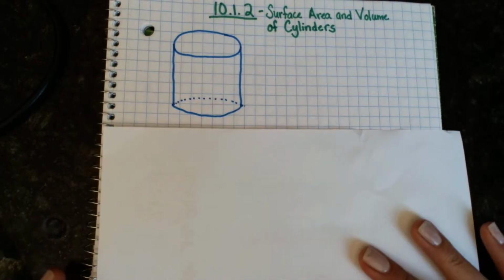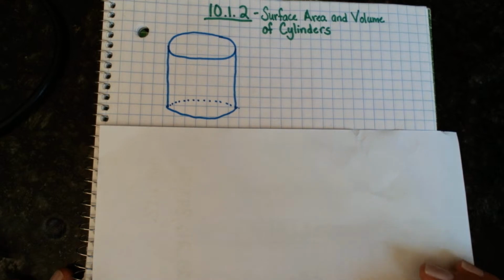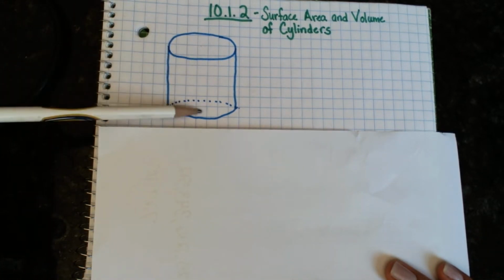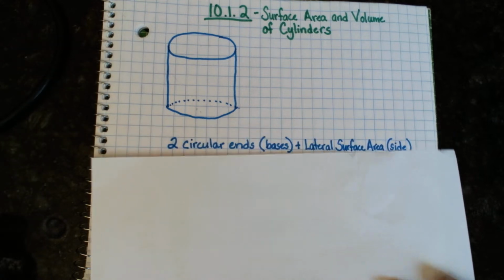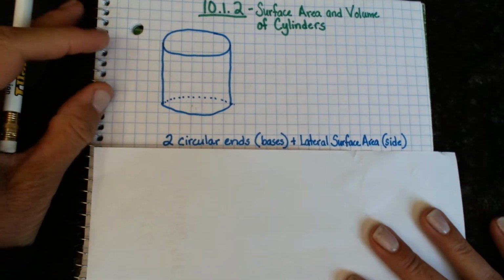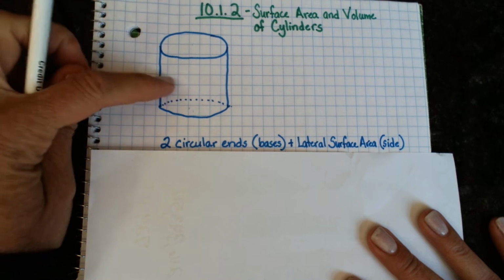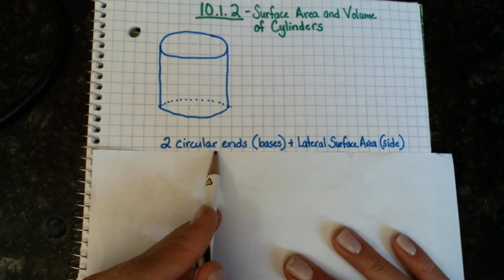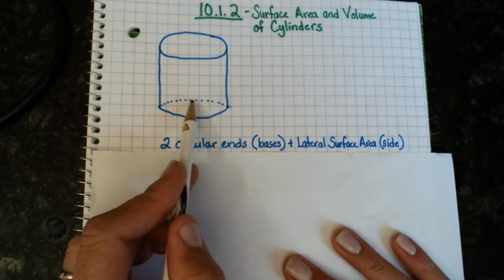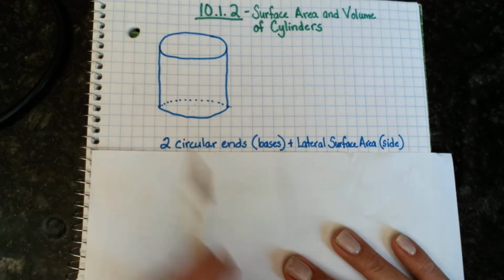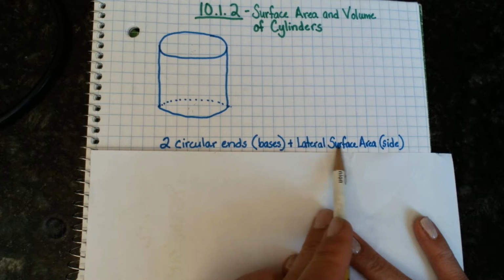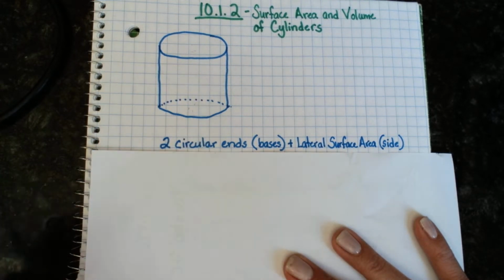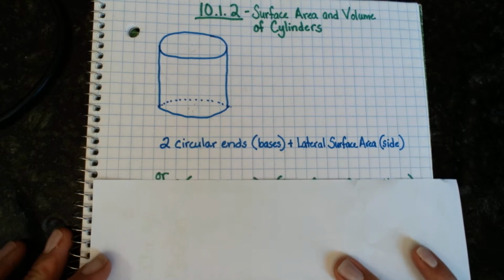Okay, so here's my very terrible drawing of what a cylinder looks like, and here you can see the two bases and then the lateral surface area goes around the side. So if we were to find the surface area of this shape, we would need to find the area of the two circular ends, or the bases, the area of the bottom, the area of the top, and then we'd have to find the area of the lateral surface area, or the side of the cylinder.